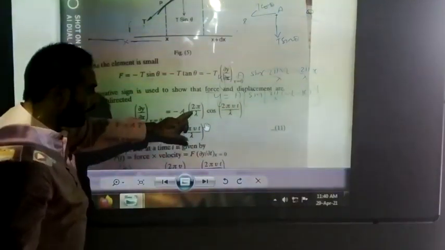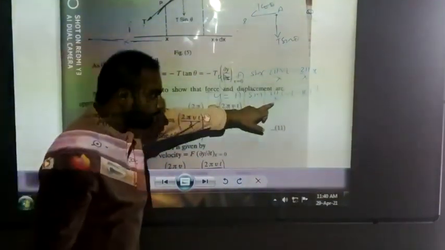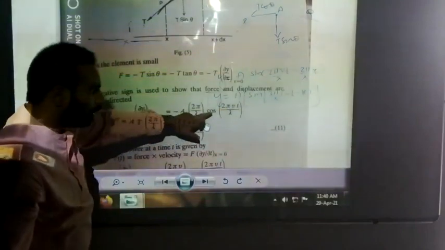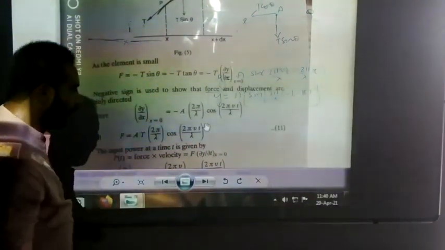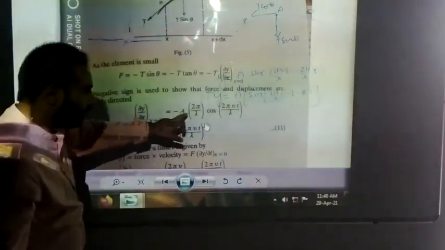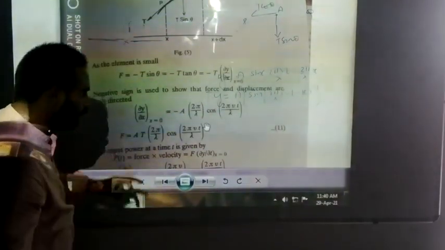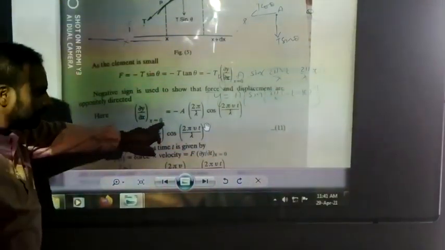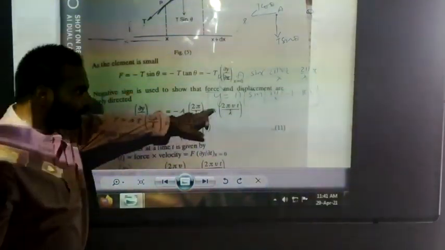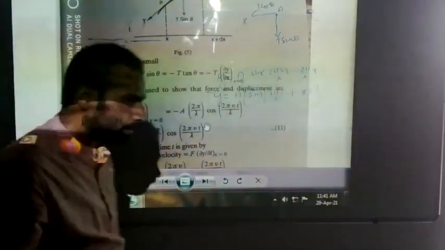So minus a 2π/λ cos 2πvt/λ, because 2π/λ is inside. At x = 0 the x value vanishes. So at last we get ∂y/∂x at x = 0 as minus a 2π/λ cos 2πvt/λ.